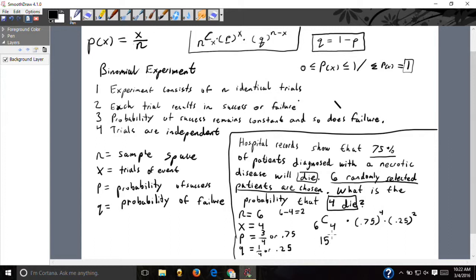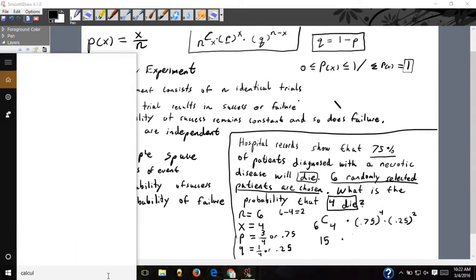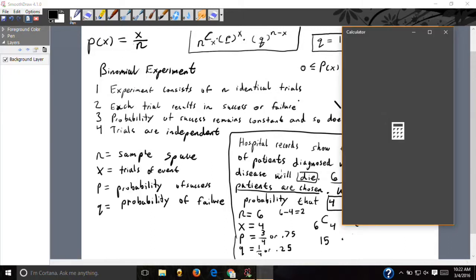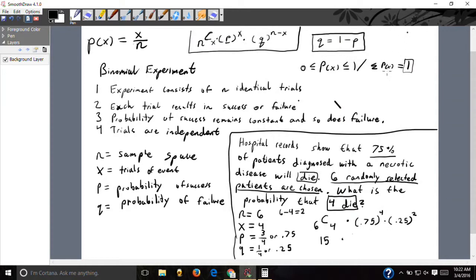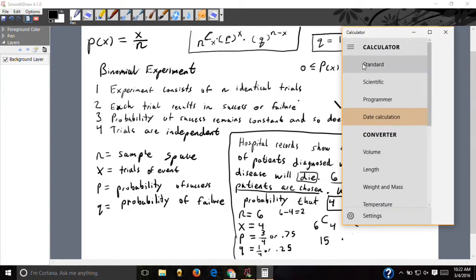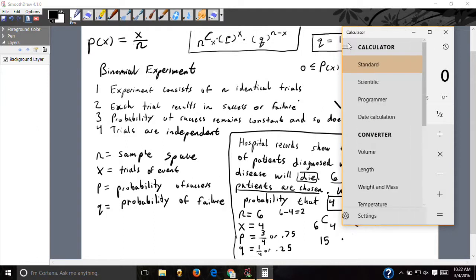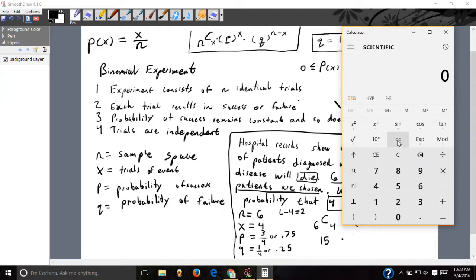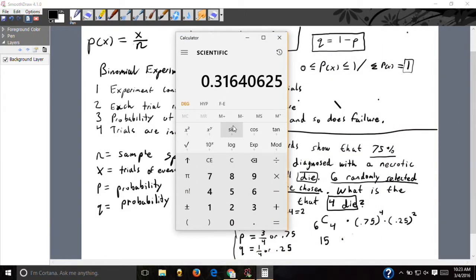So I'm going to write that right here. So 15, multiplied. Let's figure out what 0.75 to the 4th is. Let's open that calculator. So 0.75 to the 4th power. I get this long running decimal, so I'm going to keep it like that for a second. And for the next one, it's 0.25 to the 2nd.